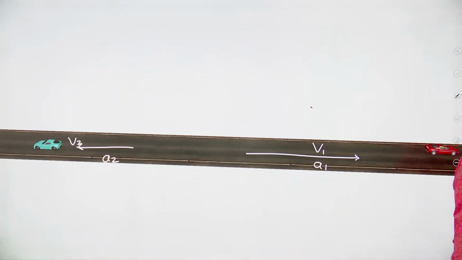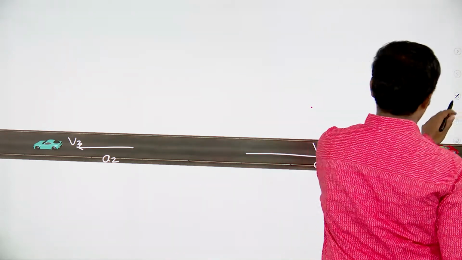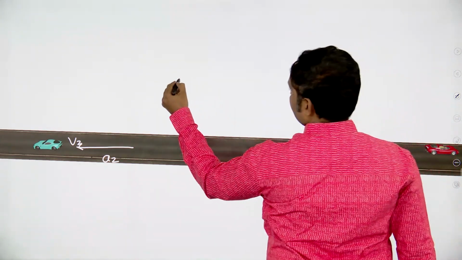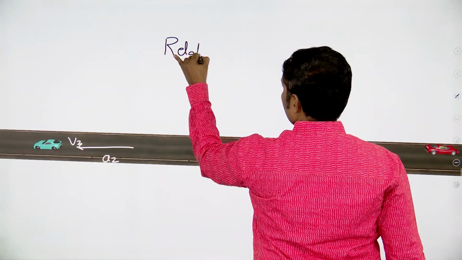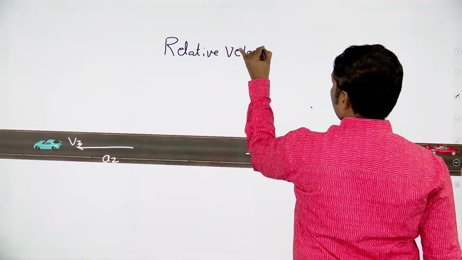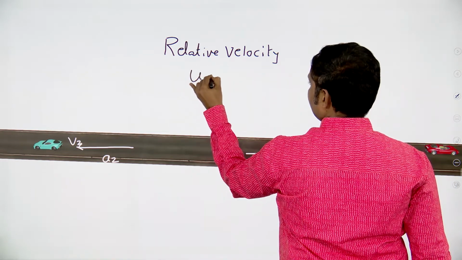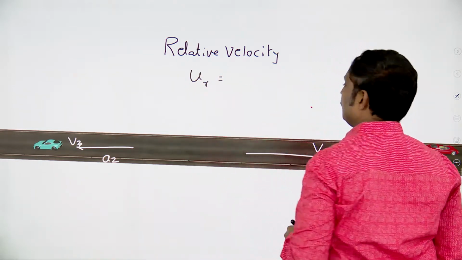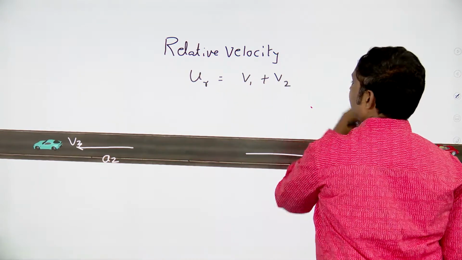If you are going to take the directions, you have to confirm the relative velocity. That is going to be UR, let's assume, equal to V1 plus V2.